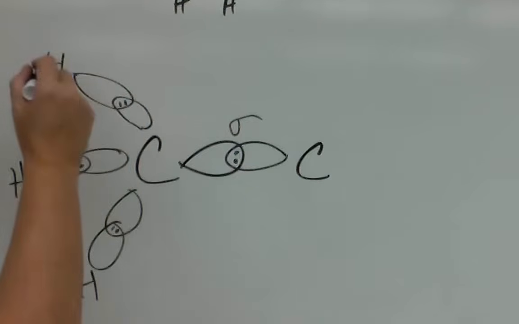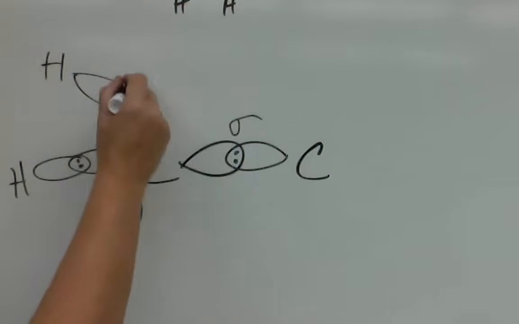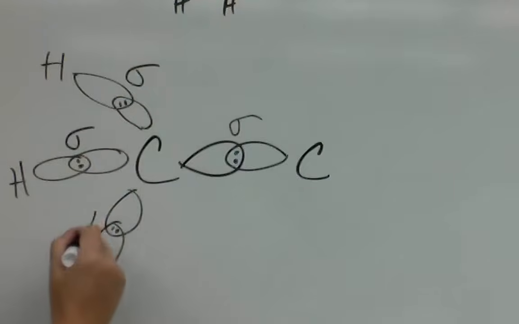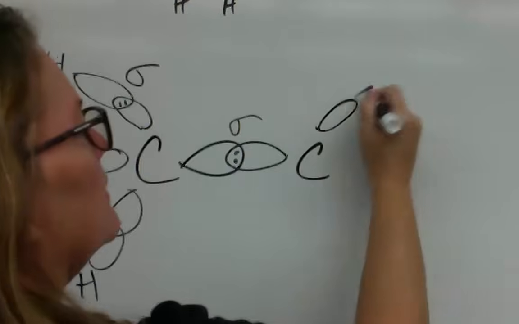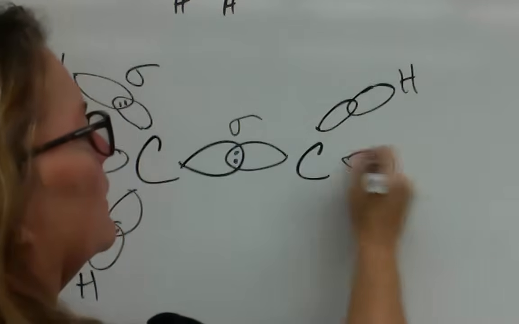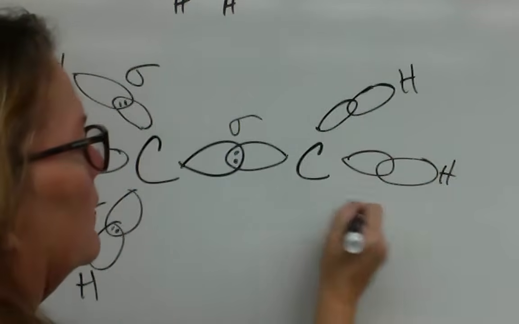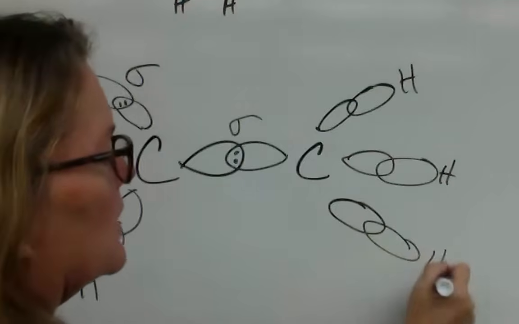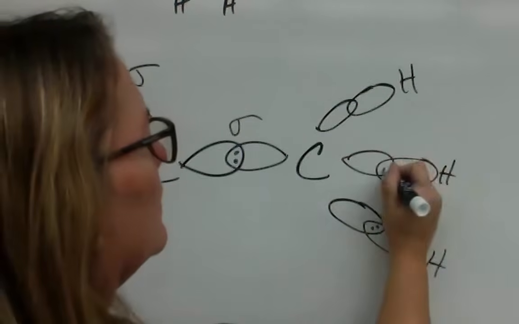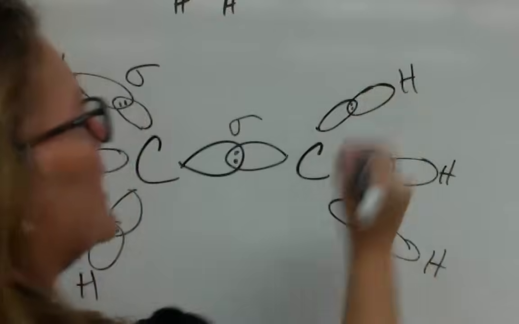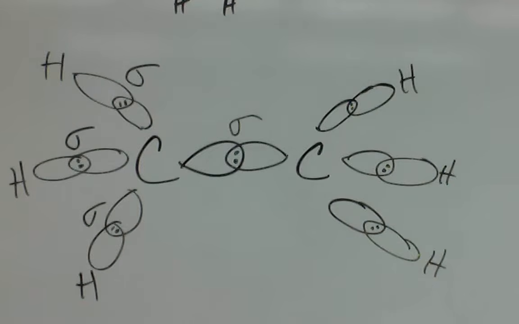The first bond that always puts together any 2 atoms is always called a sigma bond. So I'm going to go ahead and label those sigma. I'm going to do the same thing to the other side. And these particular shapes, they're supposed to look kind of like those dumbbell lobes, but if you just do a ring shape, do the best you can, that would be fine.